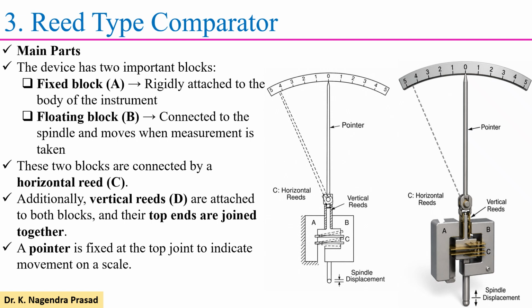This is the schematic representation of the reed type comparator. This device has two blocks. One is the fixed block A. Another one is the floating block, so here B is the floating block, and it will float. The next point is that these two blocks are connected by horizontal reeds.